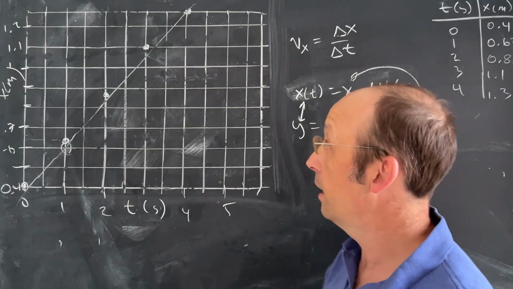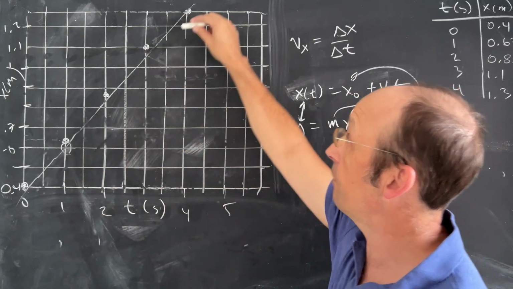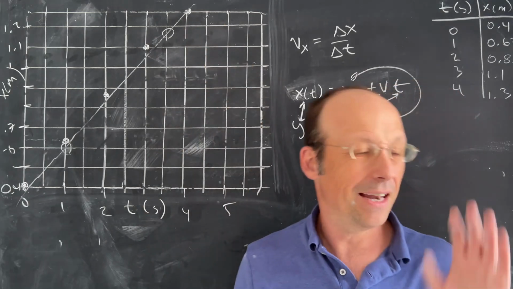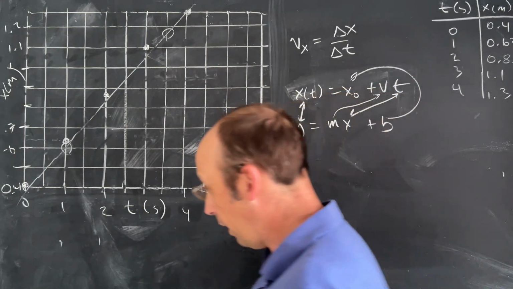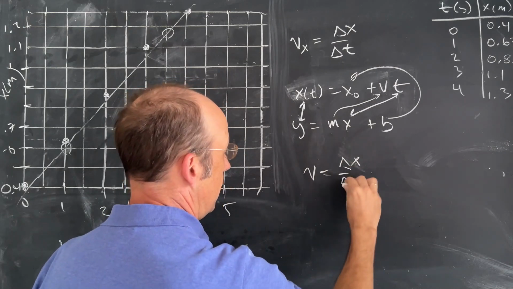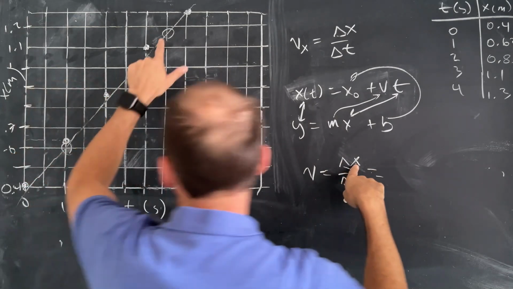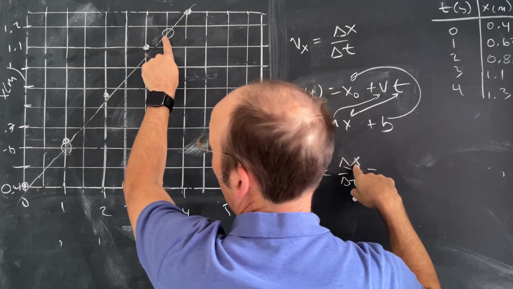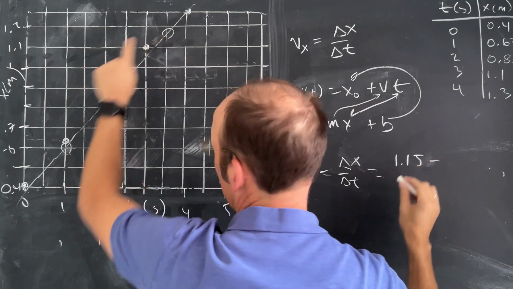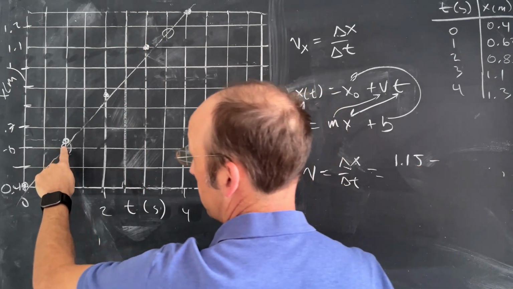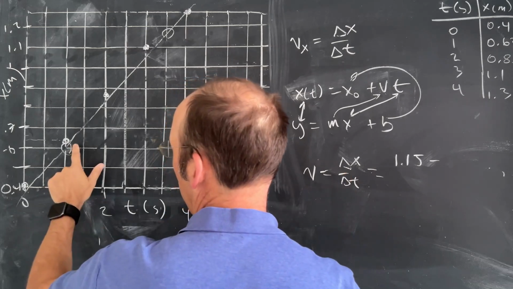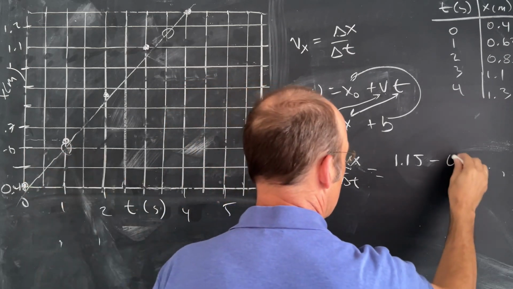It's not that data point. Now I want to find something else far away. I'm going to have to just pick this up here. And let's say that that's halfway in between. And again, it's not going to be perfect, and that's fine. So now I can calculate the slope as the change in x over the change in t. So that's going to be this x value, which is 1.15, minus this x value, which is 0.6.